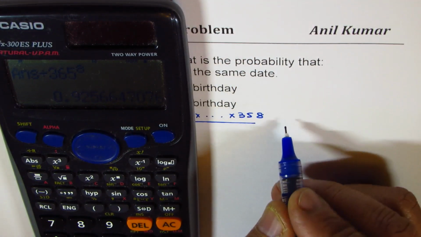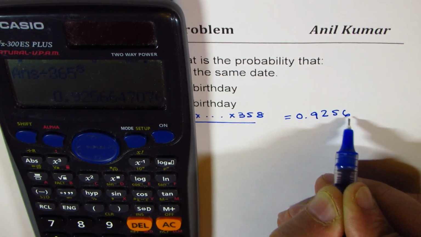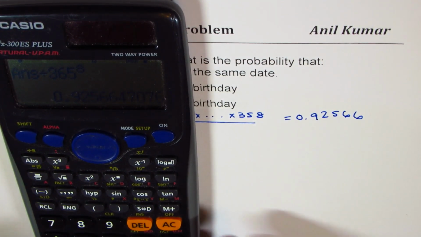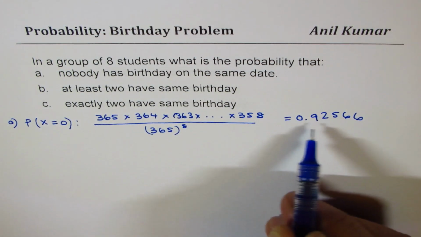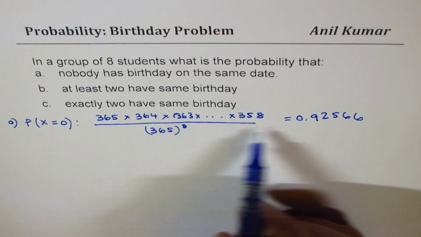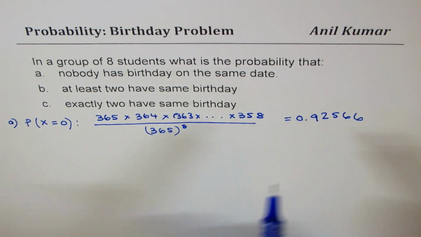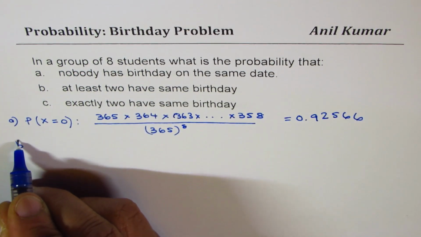We get 0.92566, right? So that is 92.5%. That's a huge number, and it makes sense. That means no birthdays will be overlapping in this small group of 8 students. Perfect.